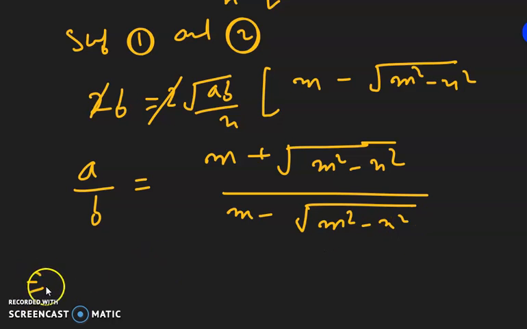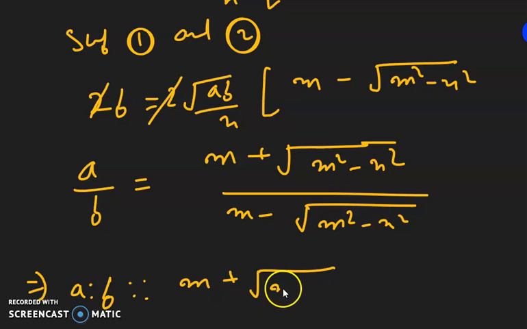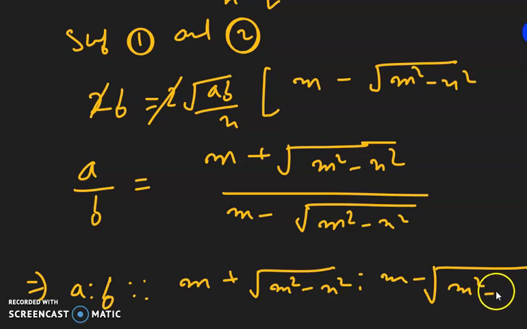So that is what is asked. You can write it if you wish: a is to b is as the ratio m plus square root of m square minus n square to m minus square root of m square minus n square.